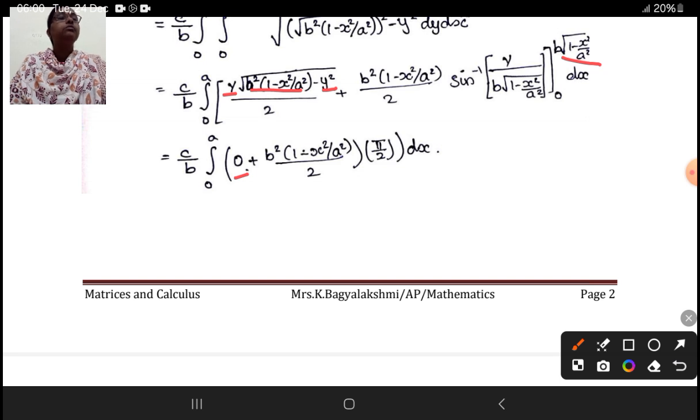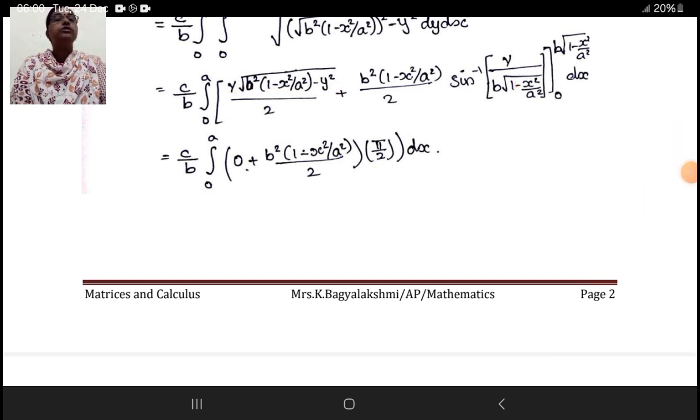In the second term, the numerator and denominator give the same value, and you get sine inverse of 1. Sine inverse of 1 is pi by 2. So we get the conclusion as b squared into 1 minus x squared by a squared divided by 2 into pi by 2.